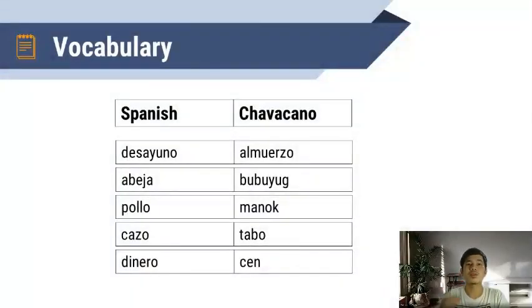So now we proceed to learning the differences between Spanish and Chavacano as regards the vocabulary items. I will be sharing only a few in order for you to understand some of these differences.